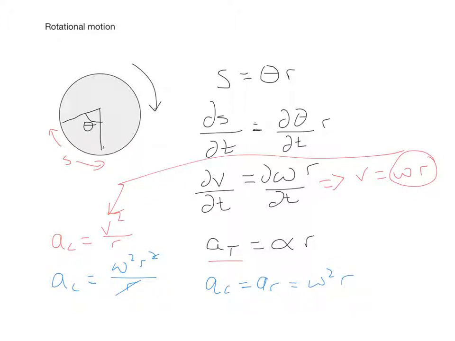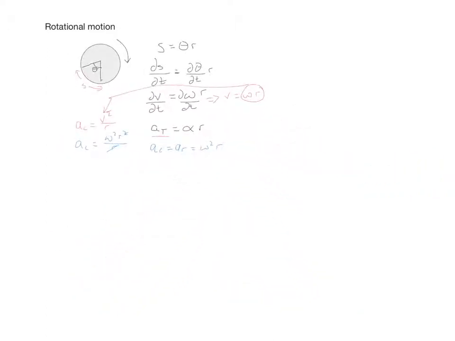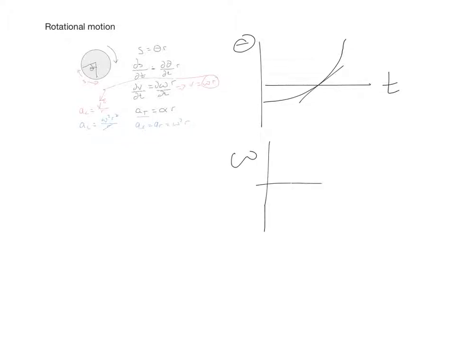Alright, so what these derivatives mean, just like every other derivative, it stands for the slope. So if we have an angular displacement as a function of time graph, the derivative or slope of this graph will give us the angular velocity as a function of time graph, which then would give us the angular acceleration as a function of time graph.